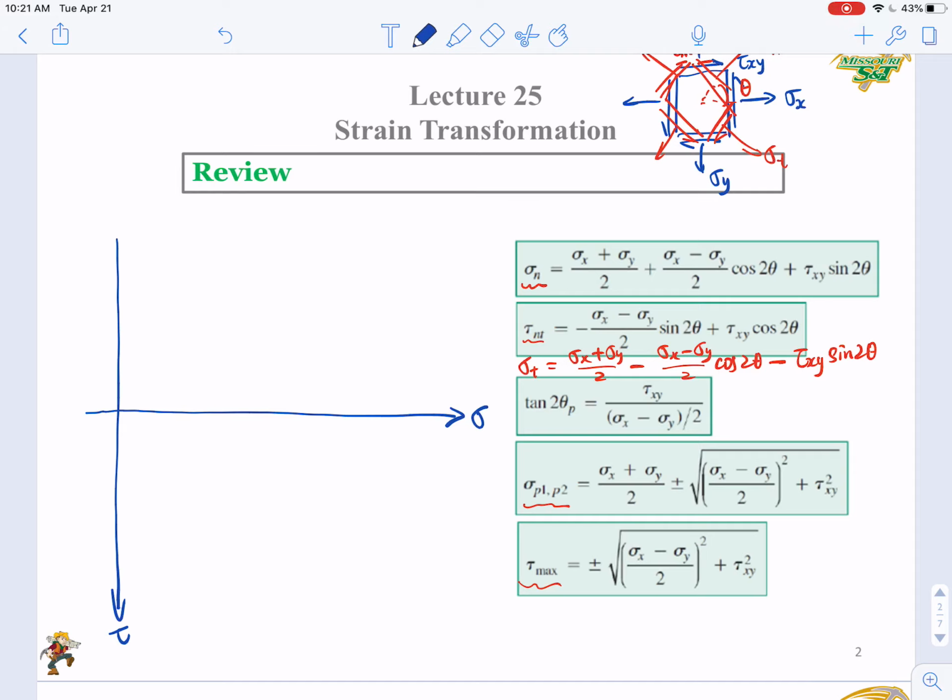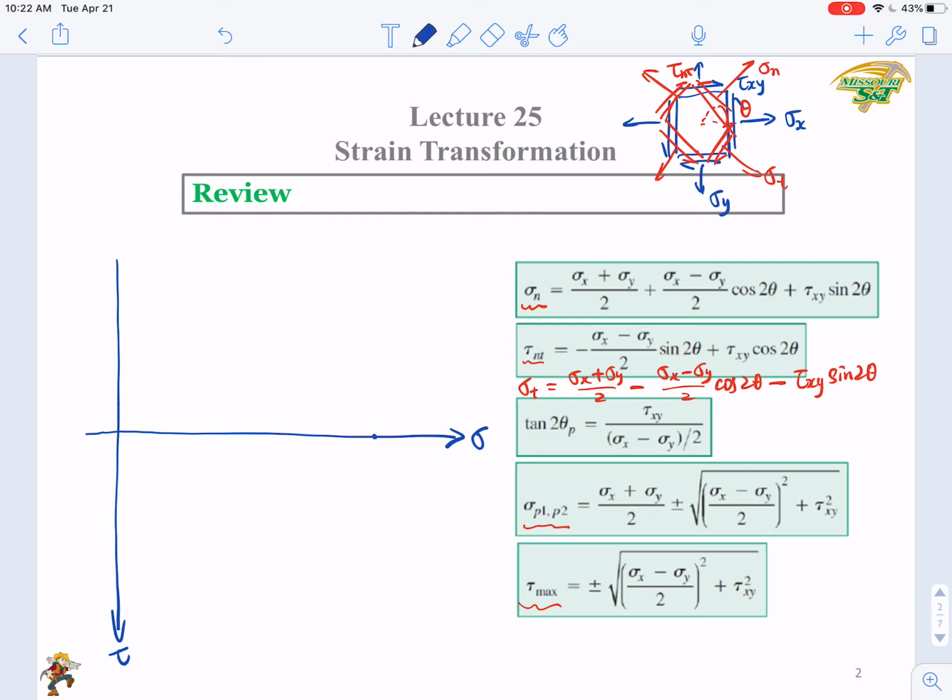Okay, so in this coordinate system, to draw a Mohr circle, the first step, we will just find the first point. That is sigma x, and we find the first point sigma x, tau xy.